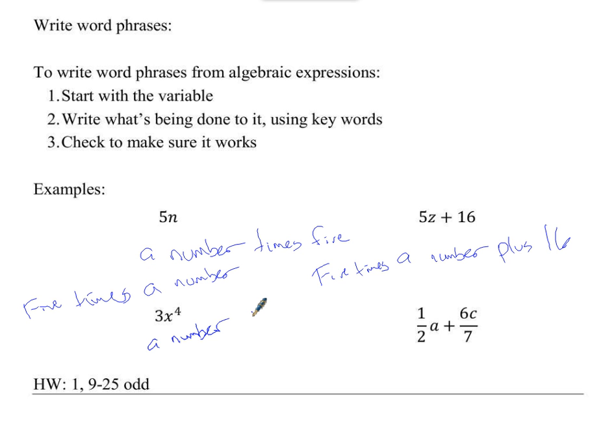Are we multiplying first? What else is being done here? There's an exponent. What happens first? You're going to have to think back a little bit here to like 8th grade probably, when you first learned order of operations. What happens first? Exponents happen first. So we have to take care of the exponent before we can take care of the multiplication. So we're going to have a number, what?